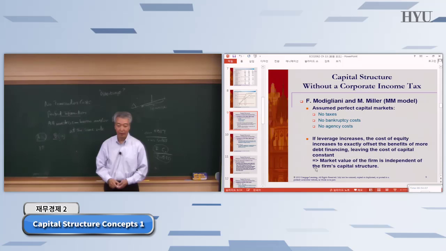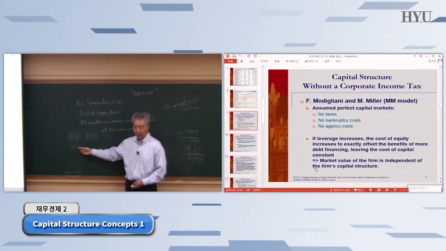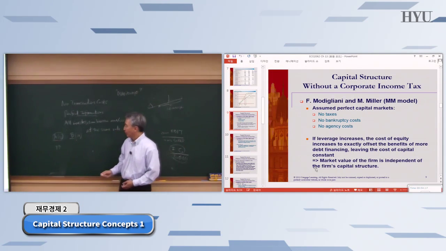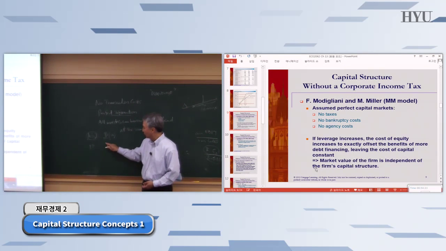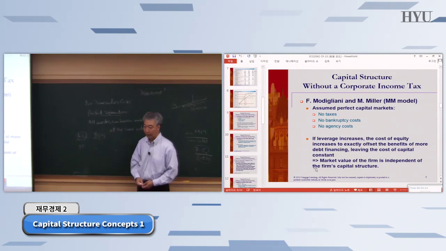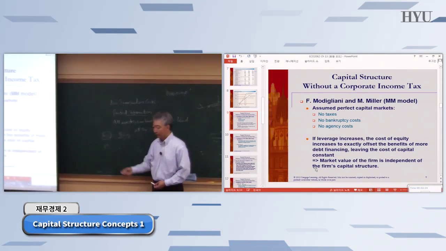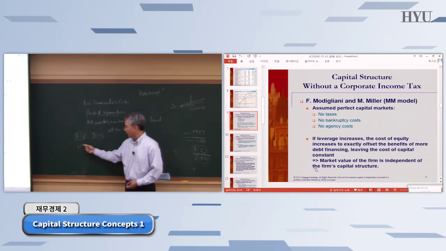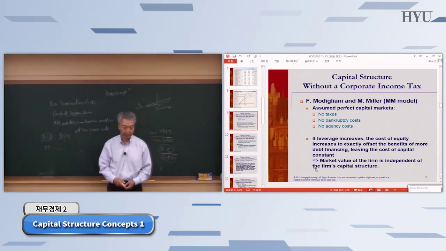So they know that while their stock price goes up because the EPS went up, the risk also went up for company A. And what that means is this company B's stock price is still low. And they're going to sell this stock when the price went up, and purchase company B's stock.